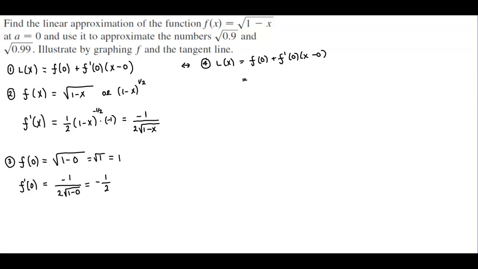We know f of 0 gave us 1, plus we know that f prime of 0 was negative 1/2 times x minus 0, which is x. So therefore, L of x is going to equal negative 1/2 x plus 1. And so there is our linearization.